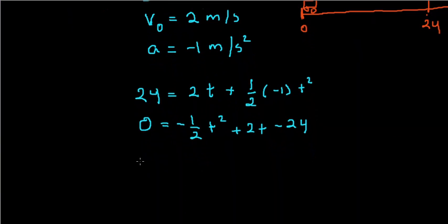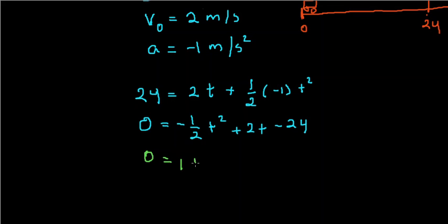Okay, let's pick a different color. So let's say 0 equals, multiply everything by -2. So when you multiply this by -2, negative times negative is positive, and 2 times 1/2 is just 1.